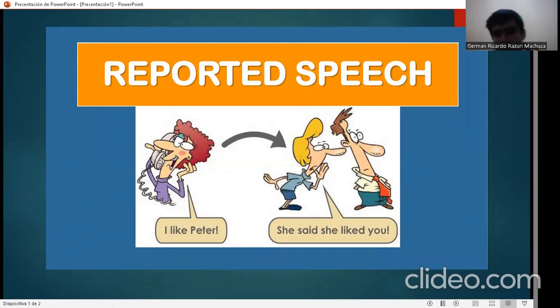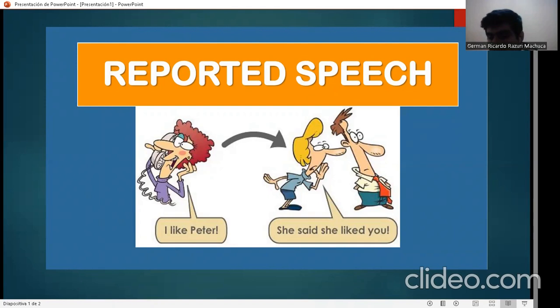What is report speech? Report speech is when you tell someone what someone said. For example, when you are with your friends and you want to tell a little story or just tell a gossip, you could use report speech.